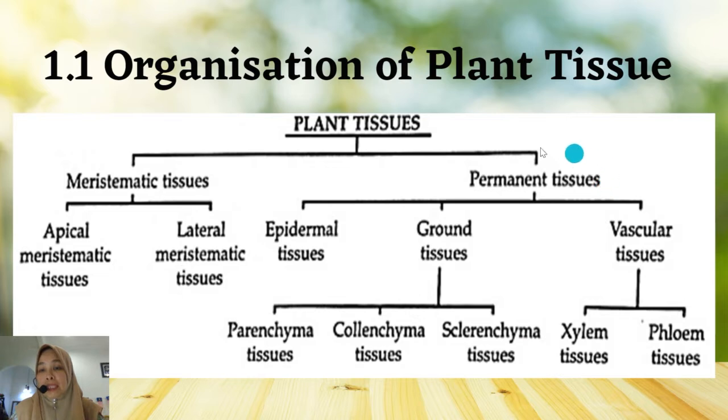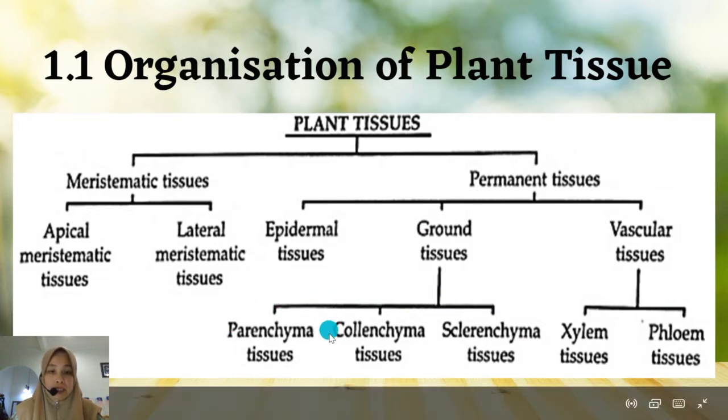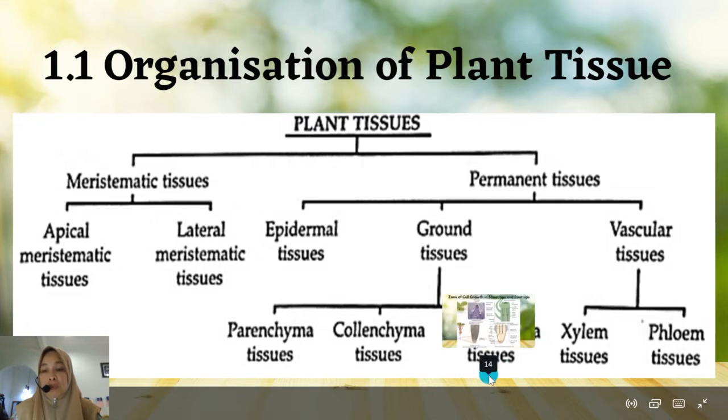Then we go to the permanent tissue. Permanent tissue in the plant can be divided into three: epidermal tissues, ground tissues, and vascular tissue. Ground tissues can be divided into three: parenchyma tissues, collenchyma tissues, and sclerenchyma tissues.